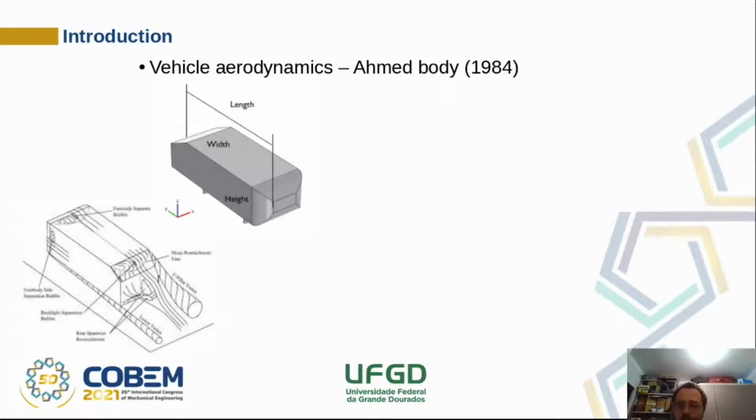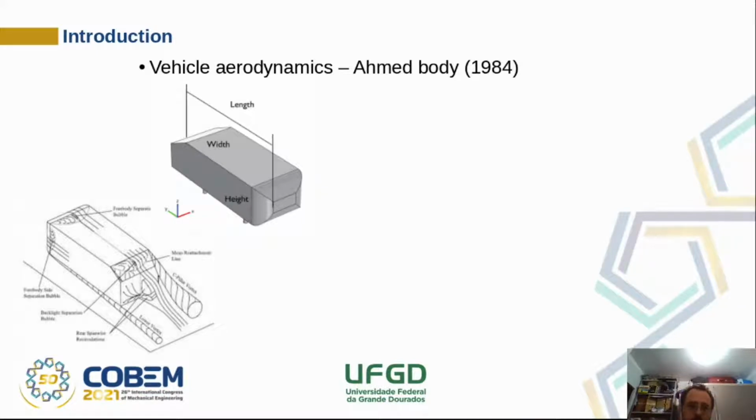The most studied vehicle to evaluate aerodynamic forces is a model proposed by Ahmed in 1984, the so-called Ahmed body, which is basically a simplified vehicle model which has a broad nose at its front part and a slanted angle, a chamfer, at the rear of the vehicle.